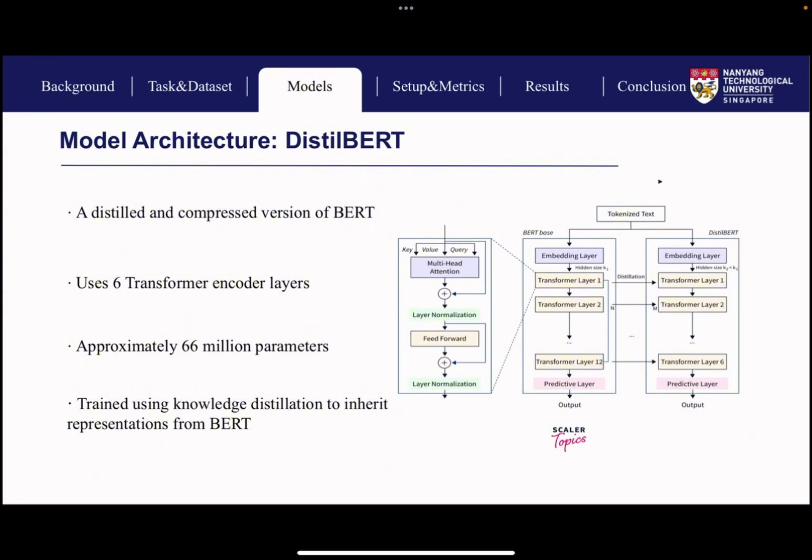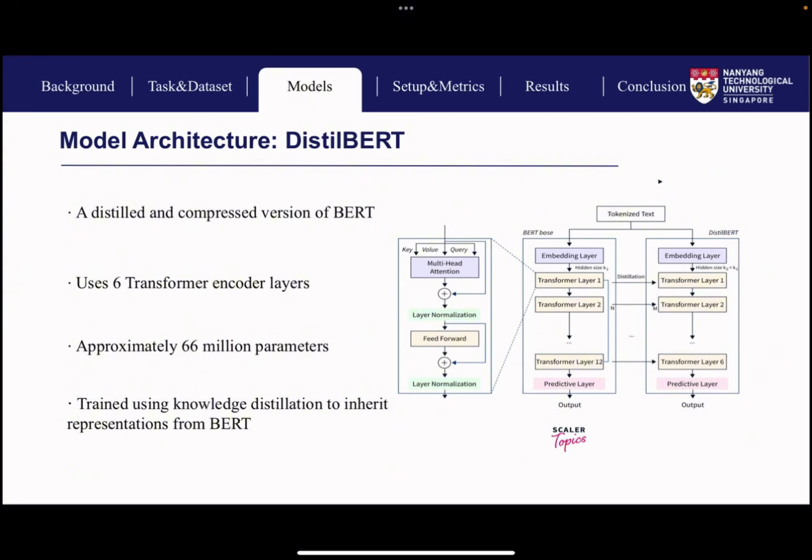The student doesn't just learn from the raw data, it learns to mimic the teacher's behavior. It tries to replicate the probability distributions, or the soft targets, that the teacher produces. This allows the student to learn much faster and more efficiently than if it was training from scratch.